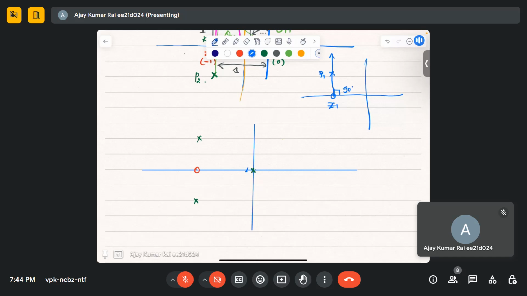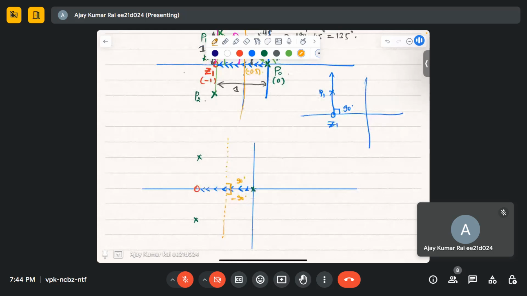So this is one of the root locus, and this is the asymptotes. 90 degree, and this is minus 90 degree. And we have calculated the angle of departure. So it will be making like this.